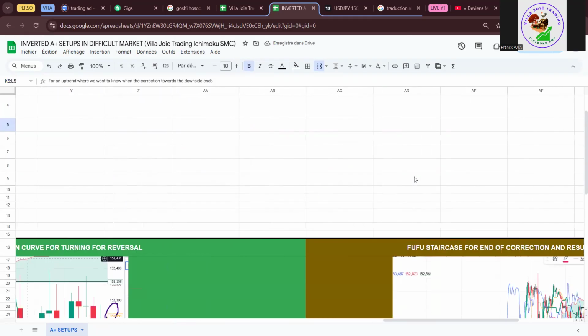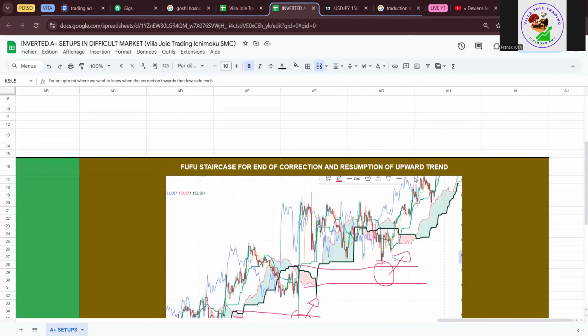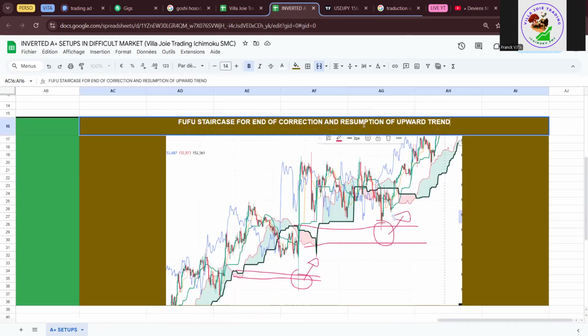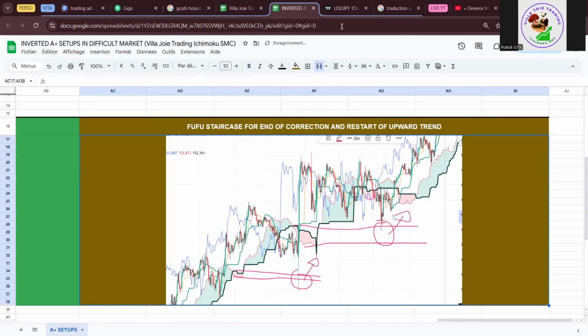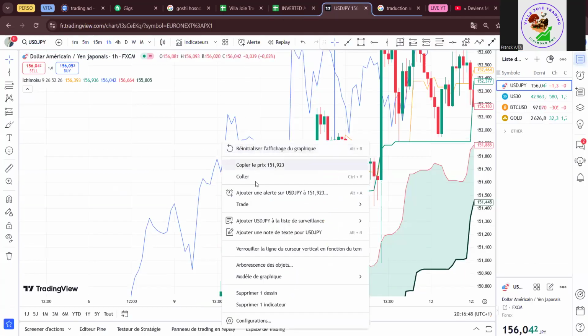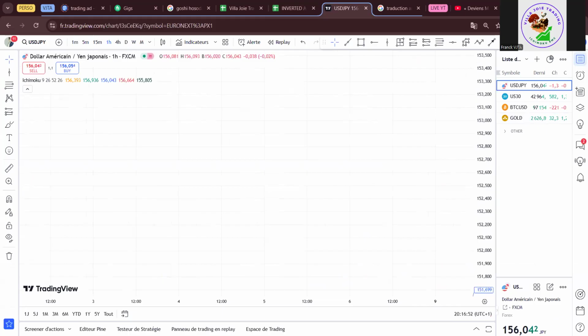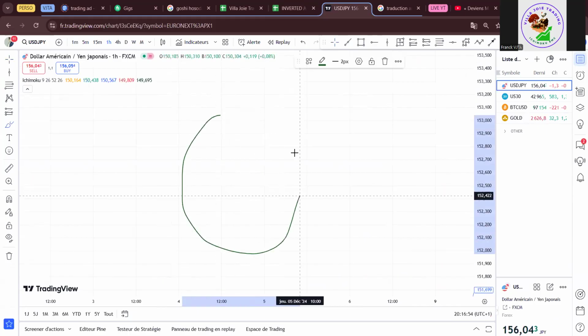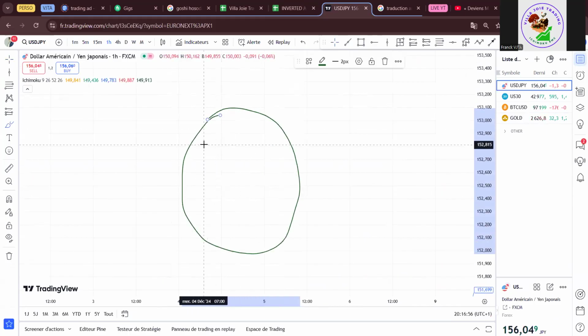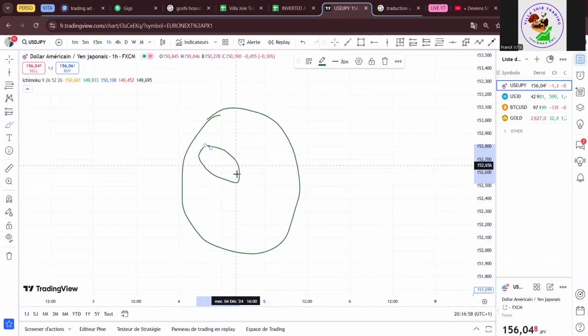So for this one, Fufu. What is Fufu, first of all? Fufu is a part of the cloud that looks like this, a head, a UFO head. Those are the two eyes of the UFO.